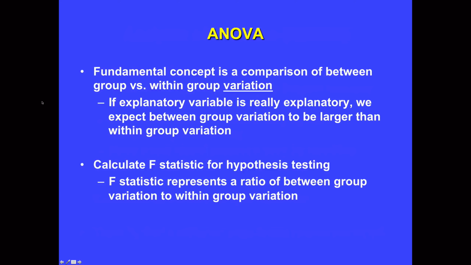So if you have a situation where a variable is a very powerful explanation of your outcome, then you would see that group variation will be large, particularly relative to the amount of variability you would see between individuals within a group. And based on that information, you can calculate an F statistic for hypothesis testing, and the F statistic simply represents a ratio between group variation and within group variation.